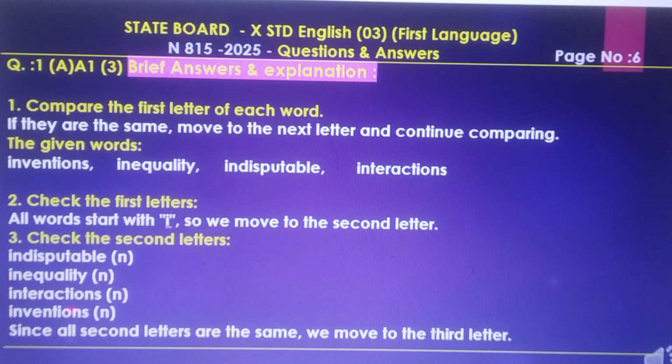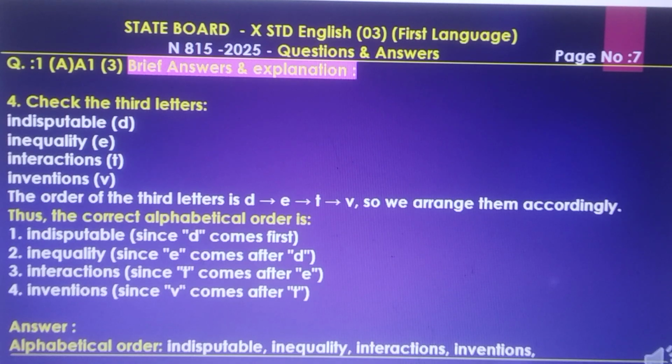Indisputable, inequality, interactions, inventions. Since all second letters are the same, we move to the third letter. They check the third letter: indisputable D, inequality E, interactions F, invention V. The order of the third letters is D, E, F, V, so we arrange them accordingly.